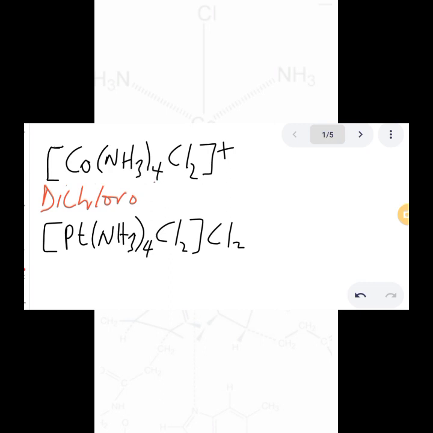That will be tetraamine, cobalt 3 ion. So that's the name of the complex, dichlorotetraamminecobalt 3 ion.